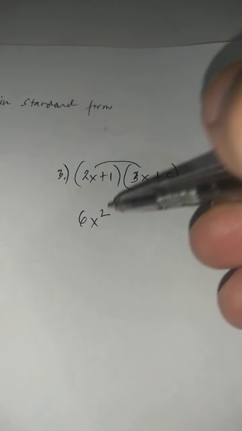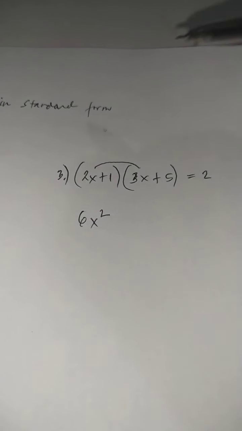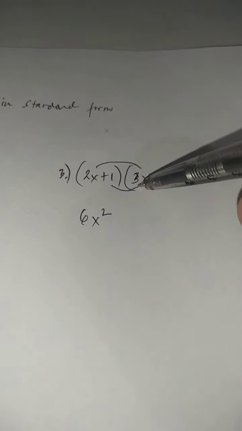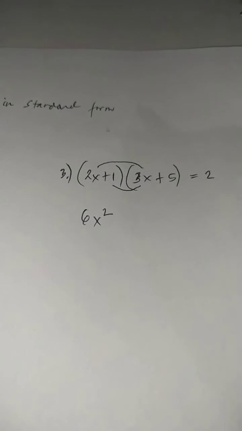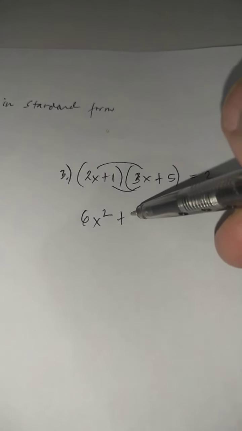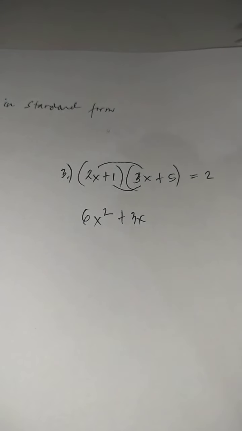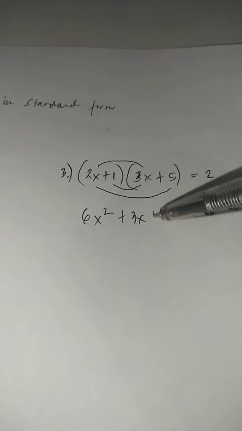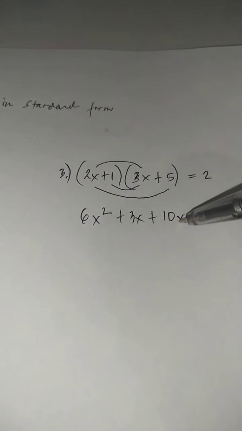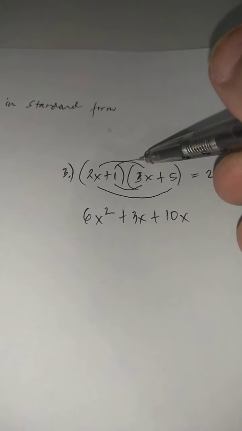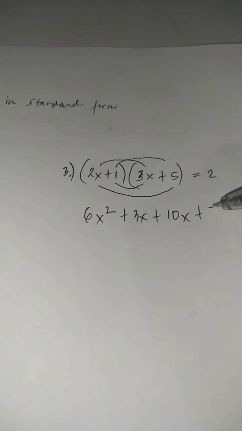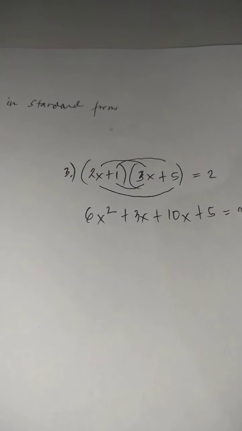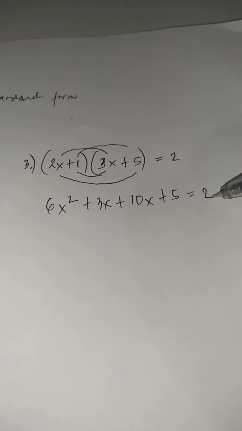So, 2x times 3x is 6x squared. Next, we have 1 times positive 3x is positive 3x. Next, we have 2x times 5 is positive 10x. Then we have 1 times positive 5 is positive 5 equals 2.